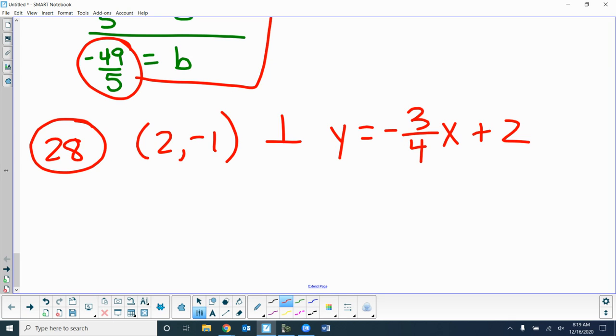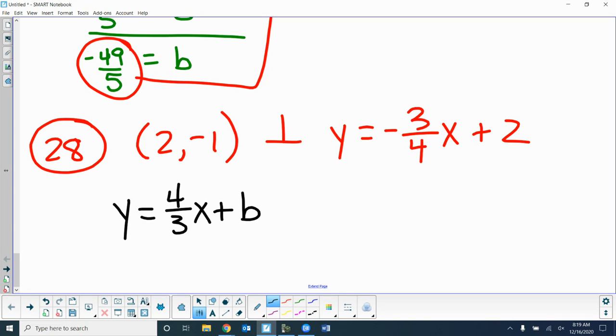So the slope of this line that I'm giving you is -3/4. What's the slope of the line that's perpendicular to that? 4/3, positive, right? So the way I'm going to start this one is write y equals 4/3 x plus b. What if you're on your exam, it says parallel to that one? You just use that -3/4, right? So it'll be one of those.